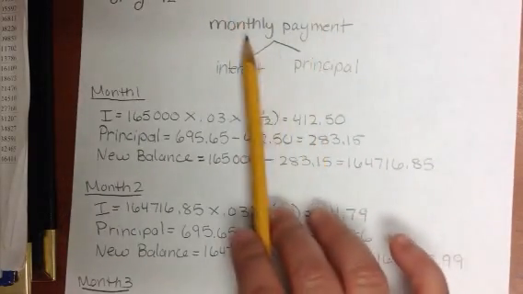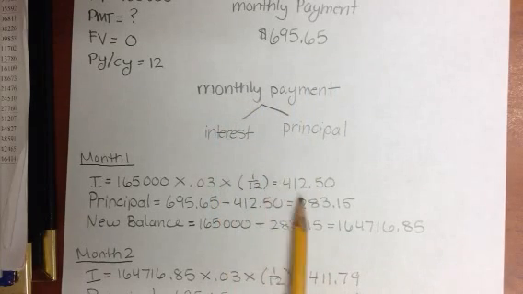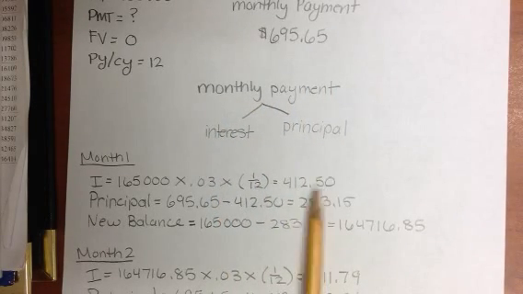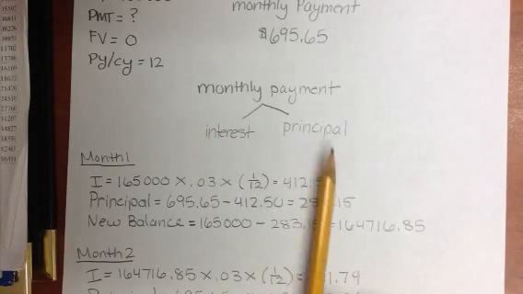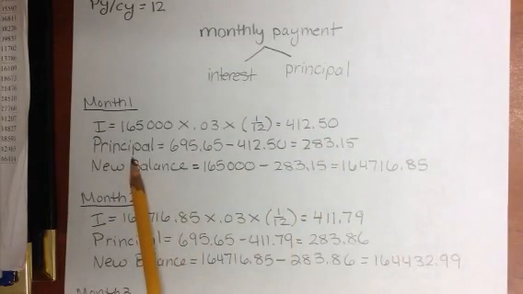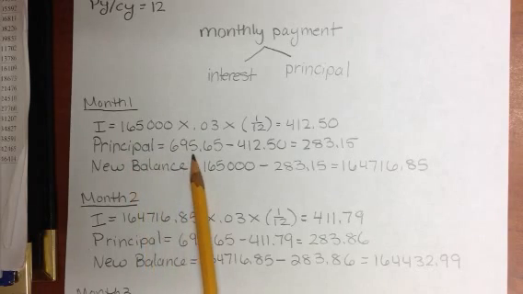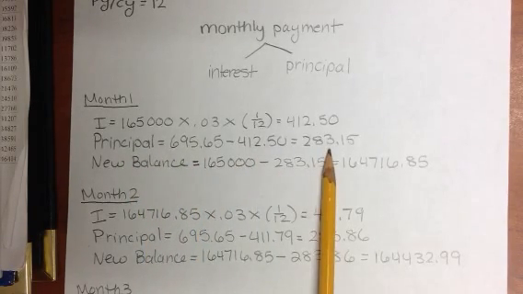So if I know out of this amount right here, the $695.65, $412.50 is interest, then the other portion is what's going to go towards the principal. So all I do is subtract to find what goes towards the principal. I take my monthly payment minus what I got from my interest, and I get $283.15.